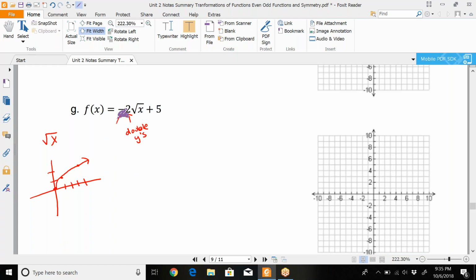I'm going to do that first. We then need to reflect over the x-axis because of the negative on the outside. I'll do that second. And then we need to move the whole graph up 5 because of the vertical shift that's after the function. So let's draw some in-between pictures.